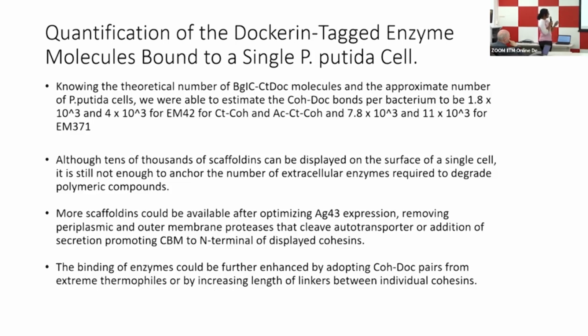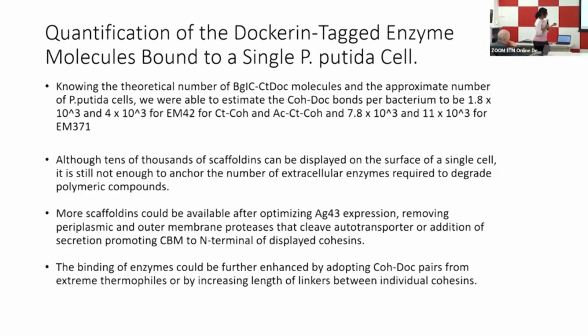Now the thing is that we have to bind multiple extracellular enzymes to our bacterial surface to degrade the polymers we require. Although we can display tens of thousands of scaffoldings, it's still not enough to anchor all the extracellular enzymes we require. The secretion pathway we have taken, although AG43 is the best, has not been optimized.